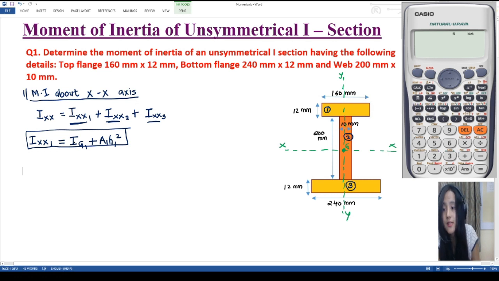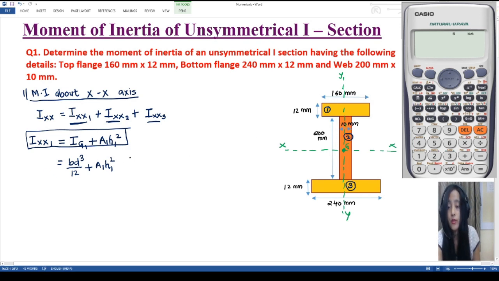Here IG represents the moment of inertia about the centroidal axis, the centroidal axis of section 1 parallel to the XX axis. So my IG1 will be equal to BD cubed by 12, plus area 1, the area of this flange portion, into its height H1 squared.